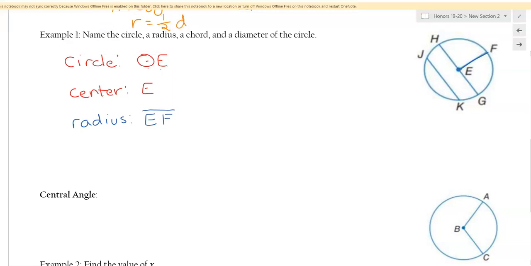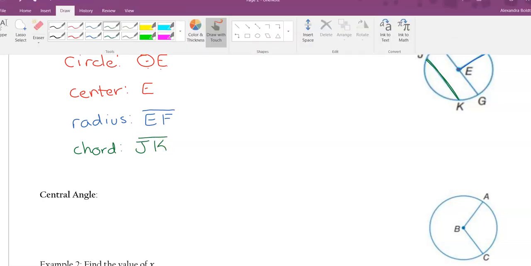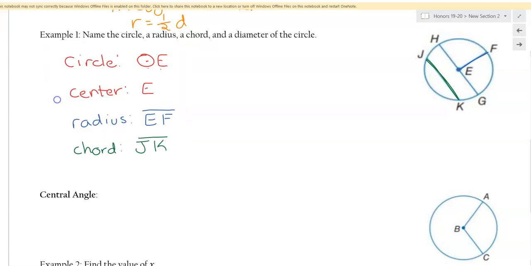Then chord, same thing, a chord is a line. So our chord is here. Again, that is JK, the line over top. And then last but not least, our diameter, which again is a line.